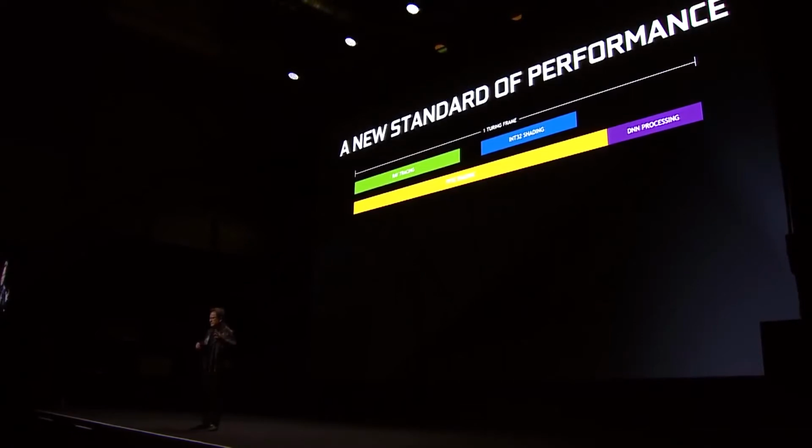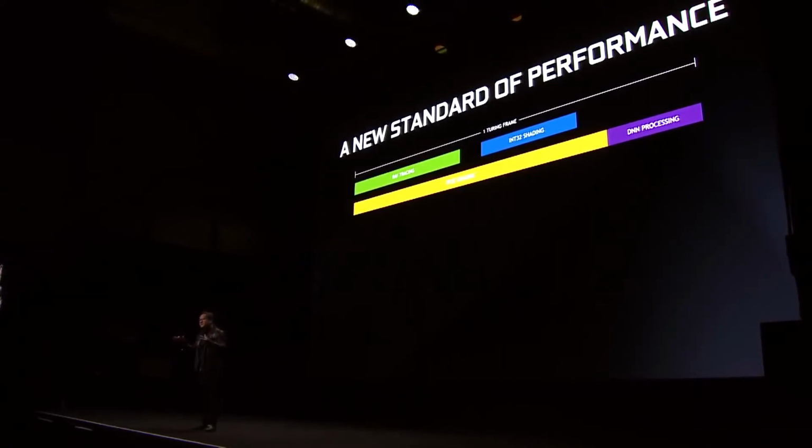It is possible to filter information, but it's very, very difficult to generate new information that looks right. And so with artificial intelligence, we can now, for the very first time, generate missing pixels that are actually right. And we could do it in real time because we have the tensor core.